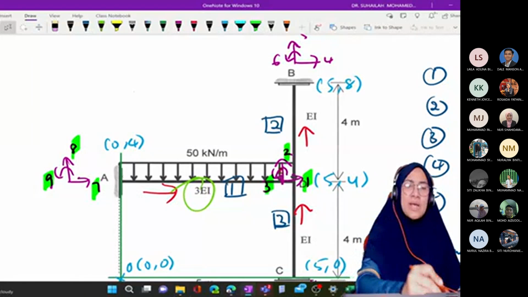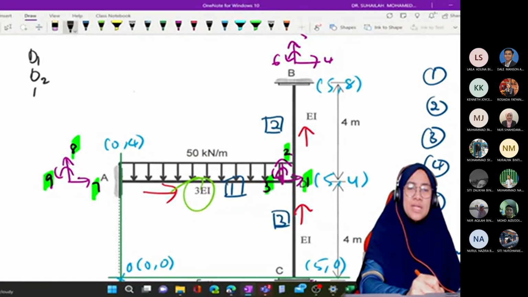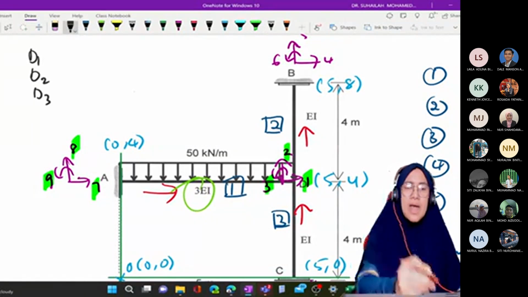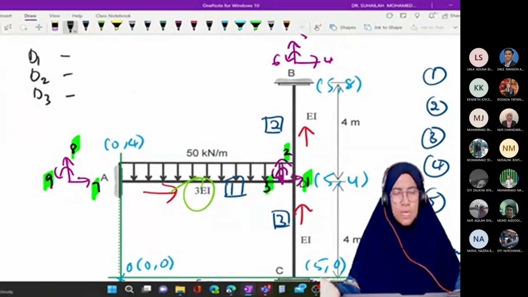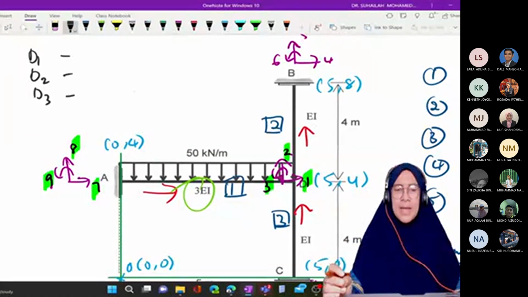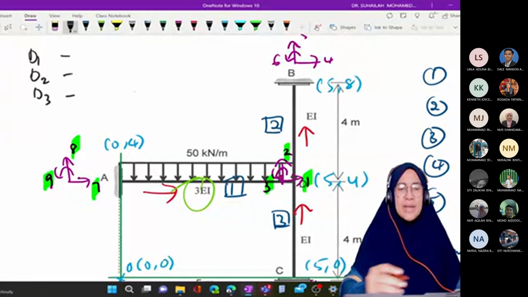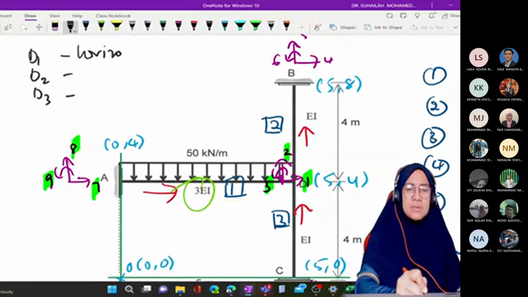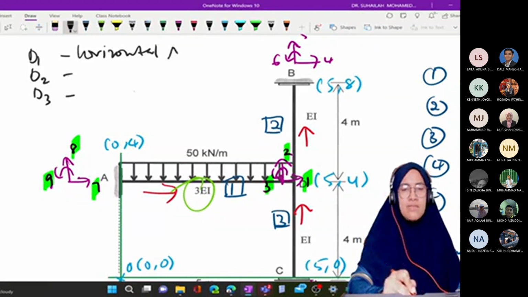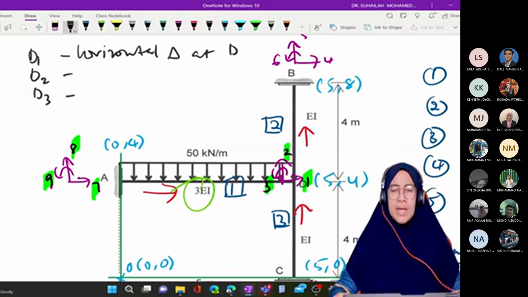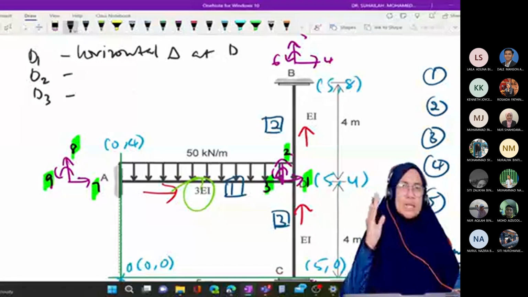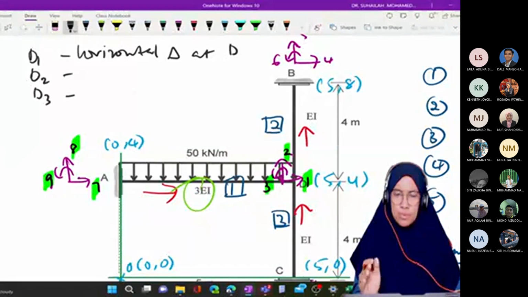In the unconstrained system, we will have D1, D2, D3. D1 is displacement in the X component, representing horizontal deflection at D. What is the physical meaning of D2?